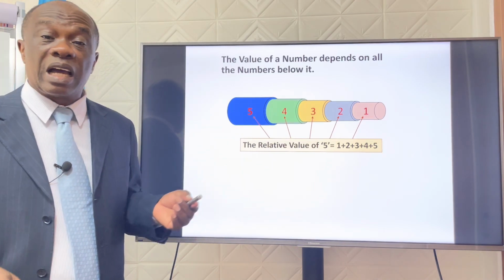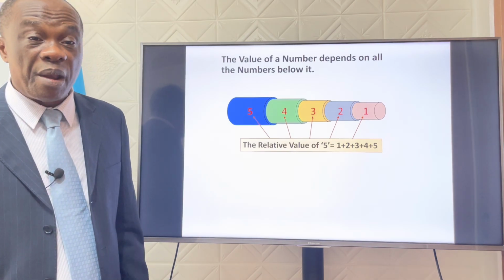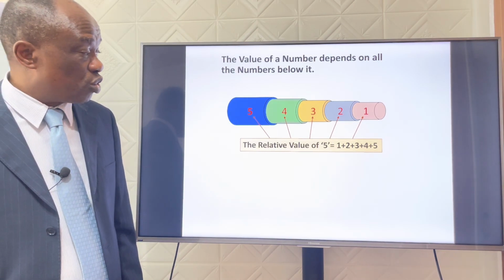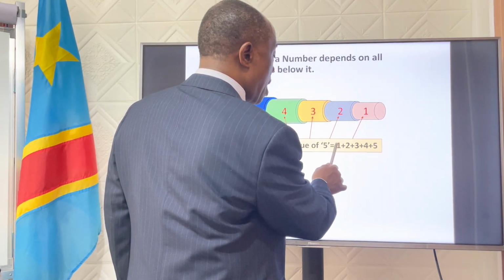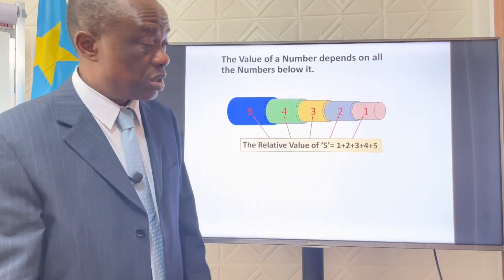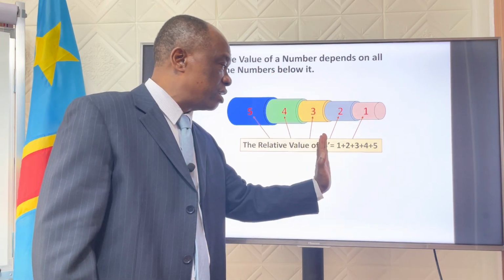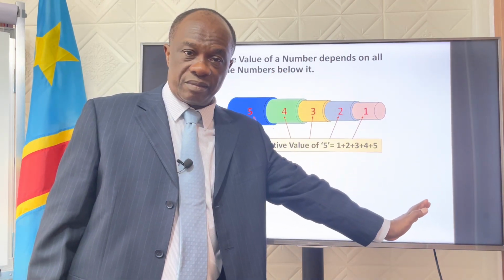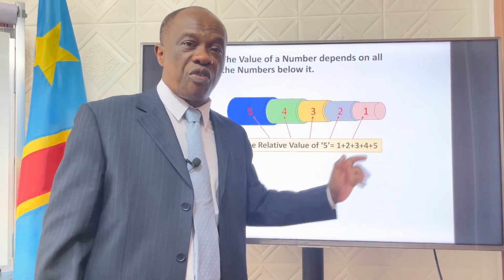Now you can calculate the relative value of a number. To calculate the relative value of a number, you have to sum up all the numbers below that number. It means starting with 1 to that number, here from 1 to 5.